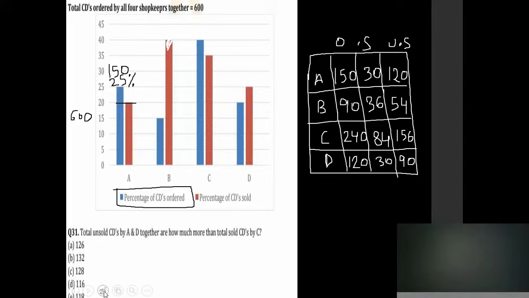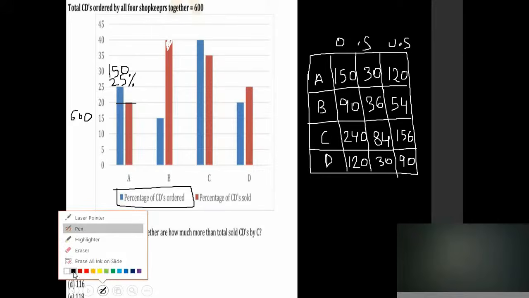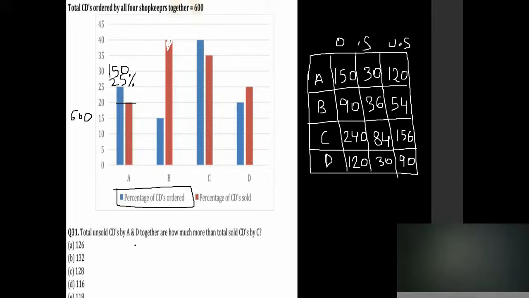Can anyone calculate this one? Unsold by A and D together. A is 120, D is 90. So A and D together is equal to 210.